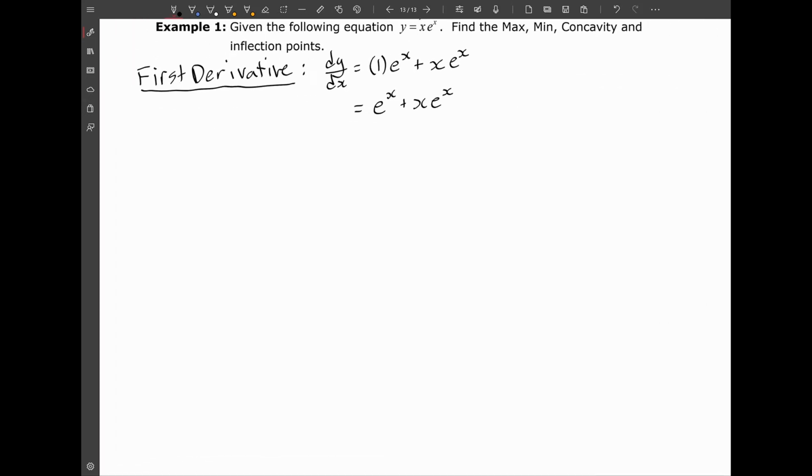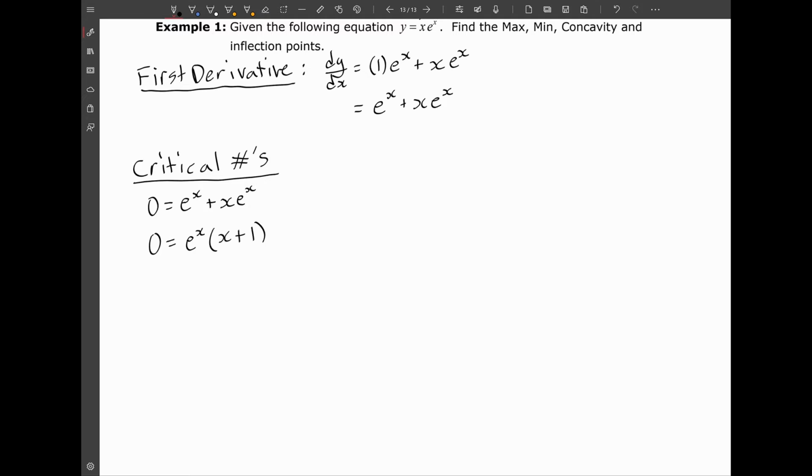So now we're going to want to get our critical numbers so we can determine our max and min points, our transitions between our intervals of increase and decrease. So our critical numbers, we have 0 is equal to e to the x plus x e to the x. So if we factor out an e to the x here, we get e to the x times x plus 1.